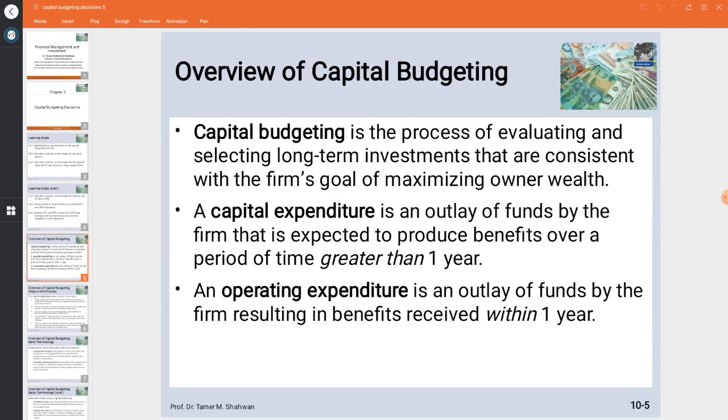First of all, before we discuss how we could use each technique, you must have the following concept, which is capital budgeting. What is capital budgeting? This is the process of evaluating and selecting long-term investments that are consistent with the firm's goal of maximizing ownership value.